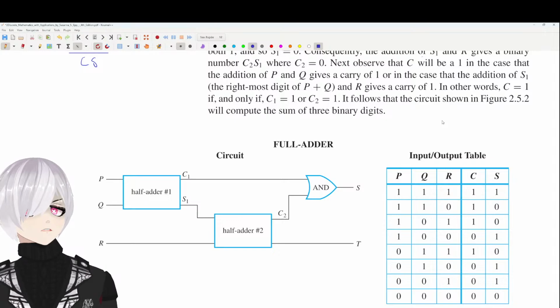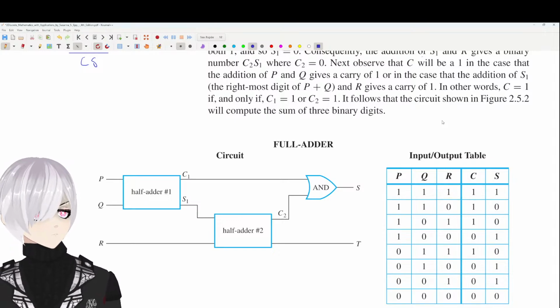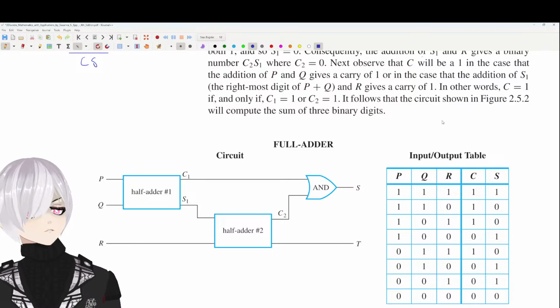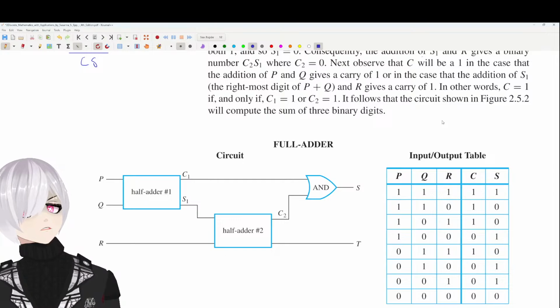So we know that when we do C1 S1 and then we add R, we want to get which should be CS sum. And the CS, let's see. If you add C1 and C, oh, right.